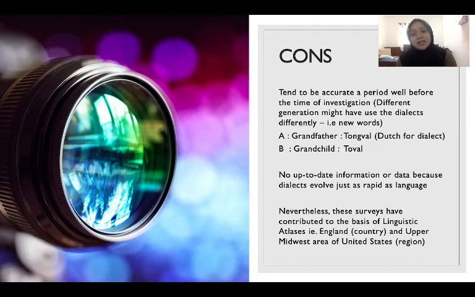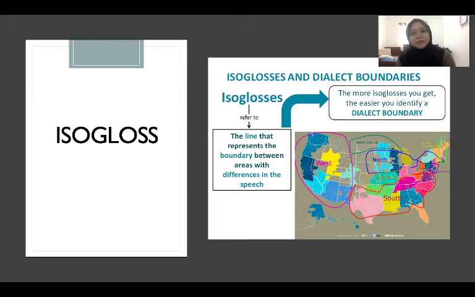Nevertheless, these surveys have contributed to the basis of linguistic classes. For example, in England, in country and region, and the upper Midwest area of the United States. Let's take a look at this example. All right.